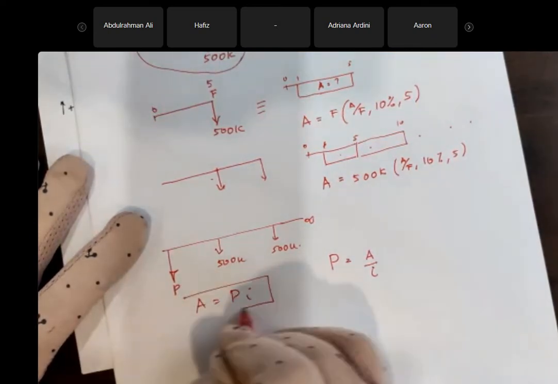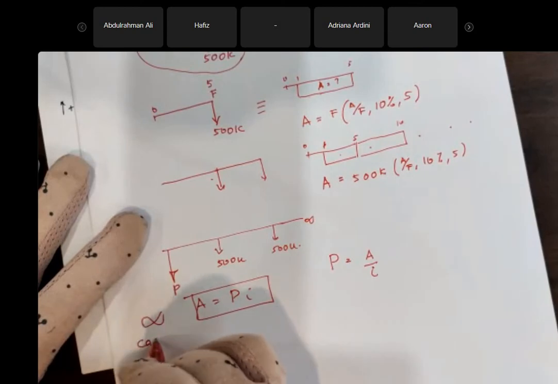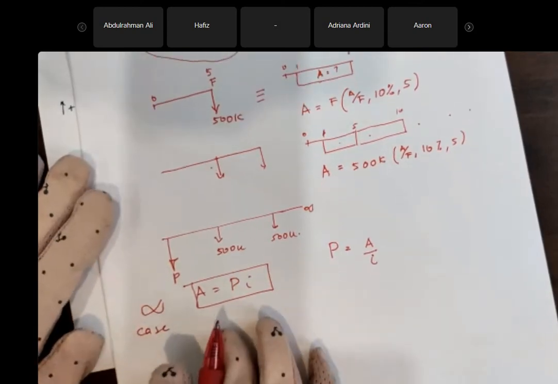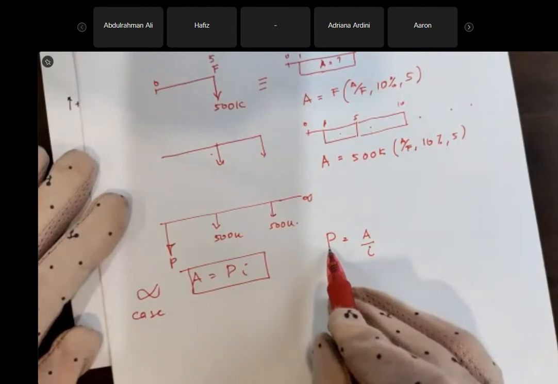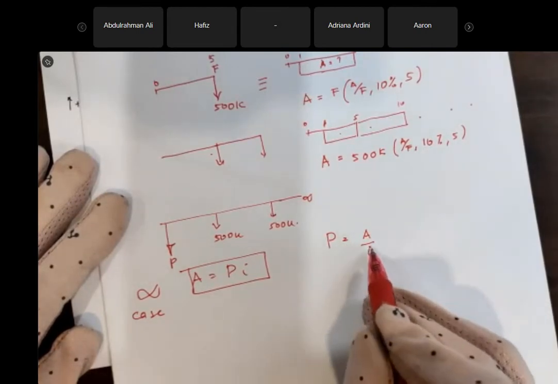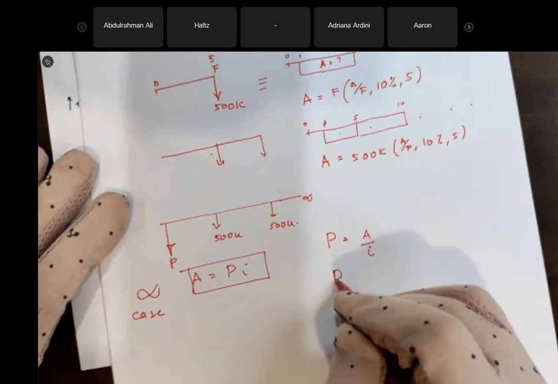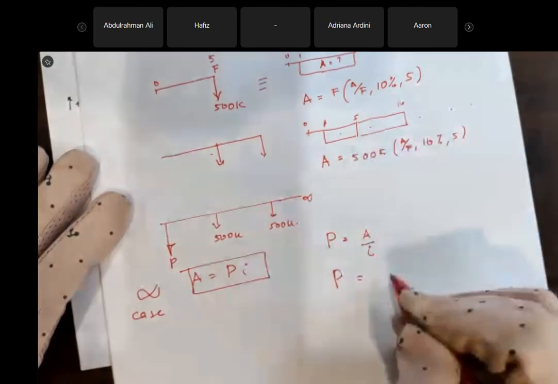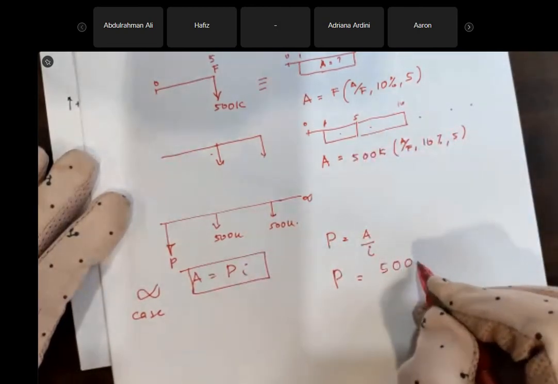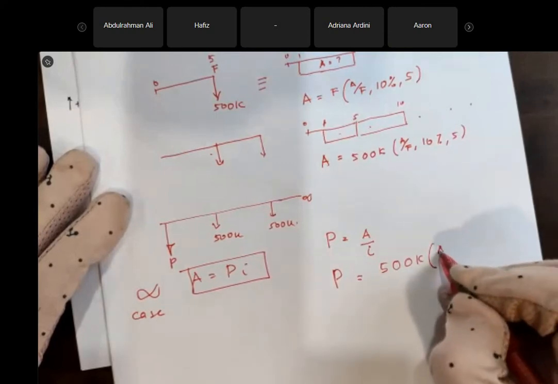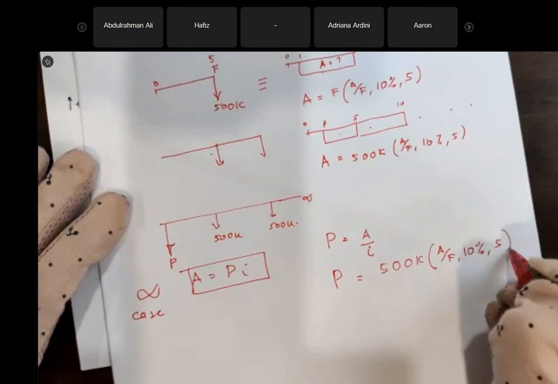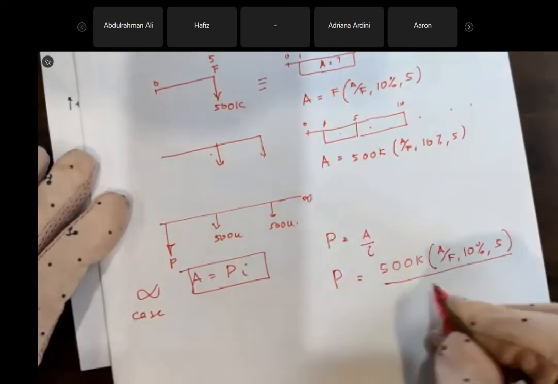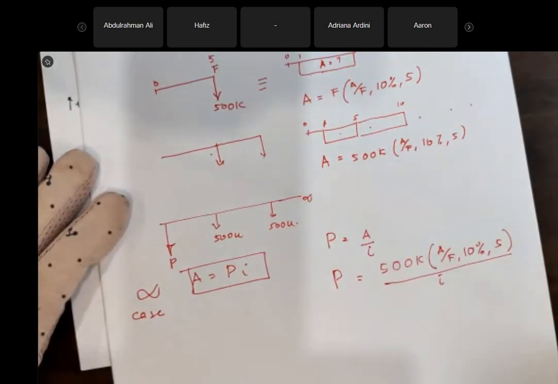This is for infinity punya case. Just remember this one, A equal to PI. So if you want to find out P, P is equal to A per I. So now the P is equal to 500k, A over F 10% 5, per I. I is 0.1, 10% ni.